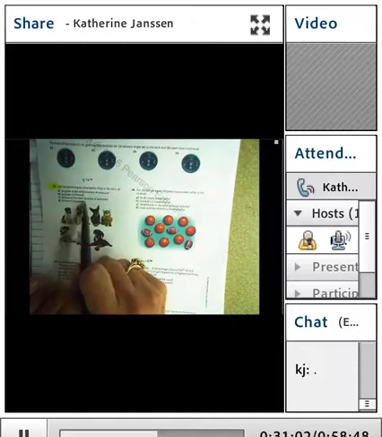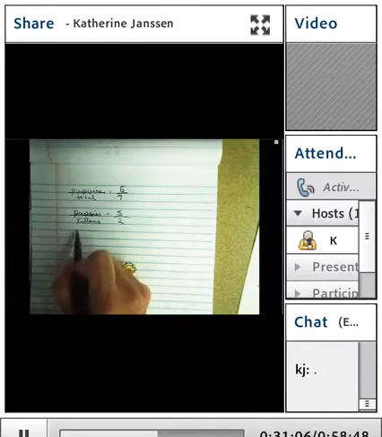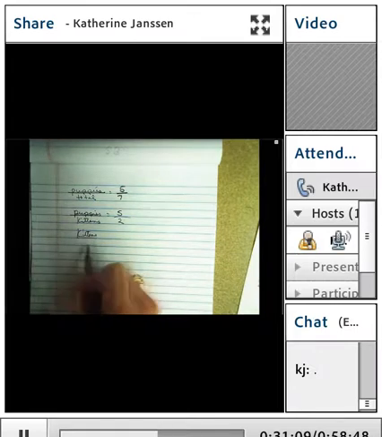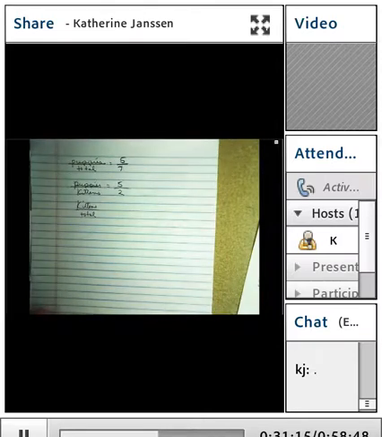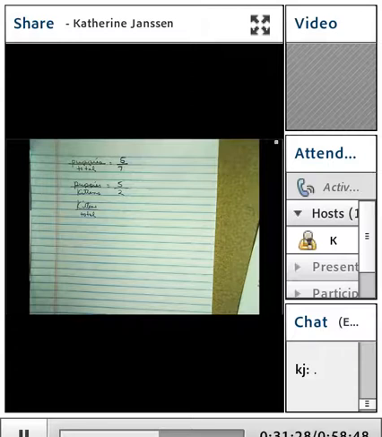Next, we're asked to find kittens to the total number of animals. I'm going to write my ratio, kittens to total number of animals. Kittens to total number.